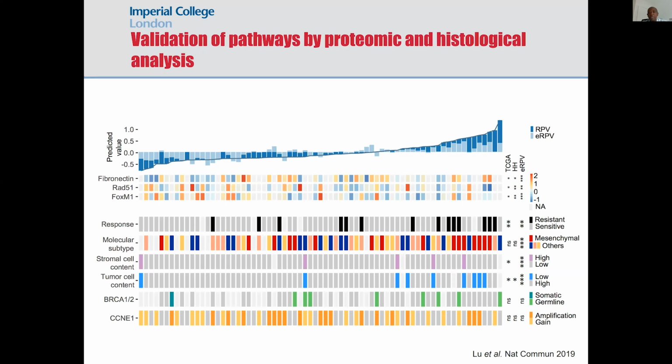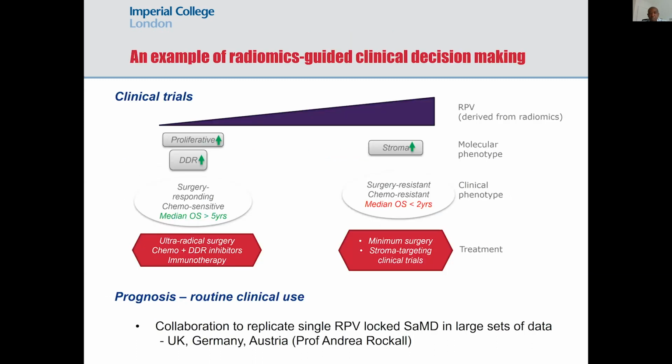So one could combine them in the future to even improve the C index a lot. So this is an example, a clinical trial example using RPV, where we understand the molecular phenotype, we understand the imaging phenotype, and can combine them with the data that we have.